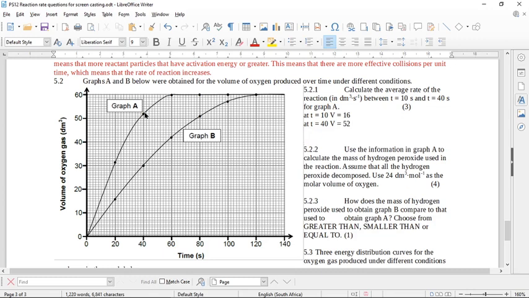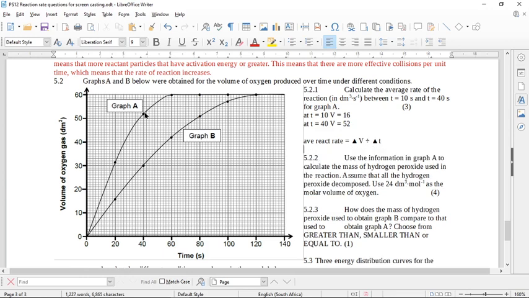Okay, so average reaction rate equals the change in volume over, remember to do it as a fraction, the change in time. So my average reaction rate is going to be, what's the change in volume?